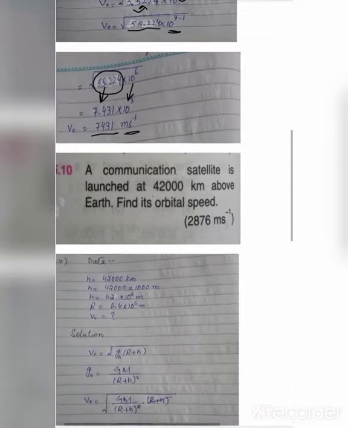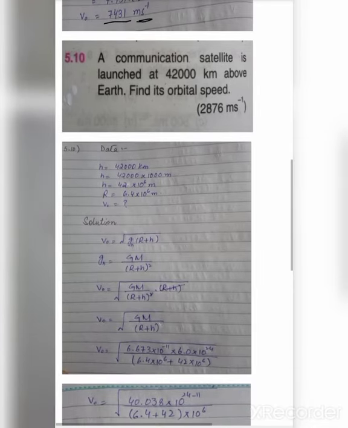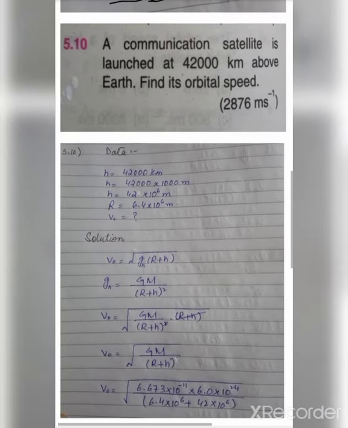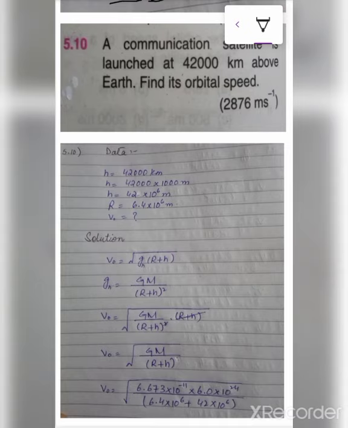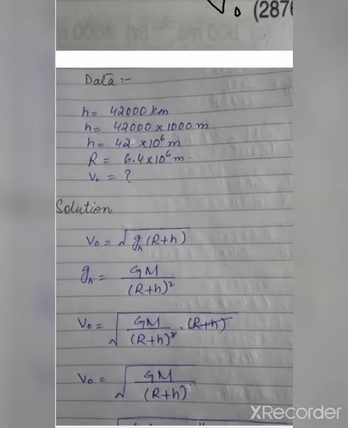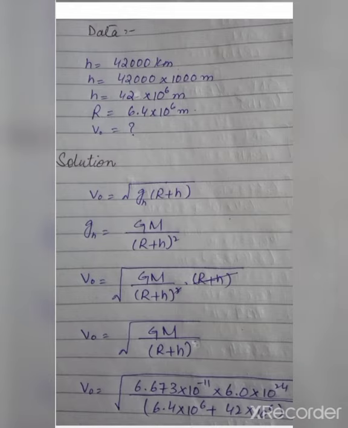Now 5.10, the statement of 5.10: a communication satellite is launched at 42,000 kilometers above earth. Find its orbital speed. It is the same as 5.9. The only height is given here and you have to find out the value of v naught. Here the height is 42,000 kilometers.